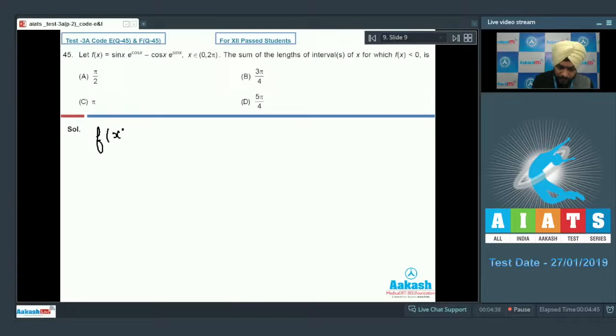Okay, so let us start it. Fx is sin x into e raised to the power cos x minus cos x into e raised to the power sin x. Let us take sin x cos x common.